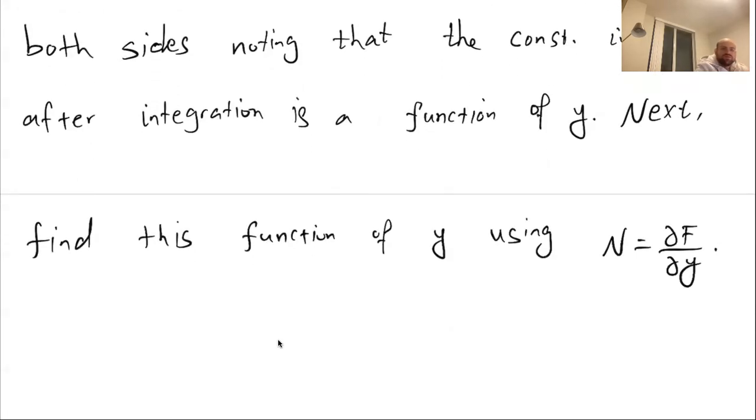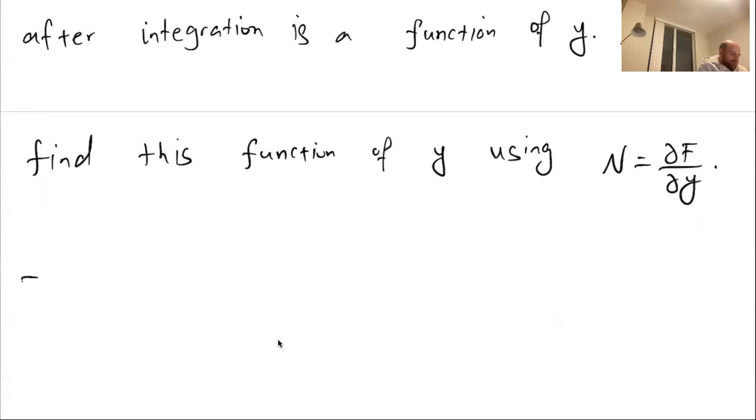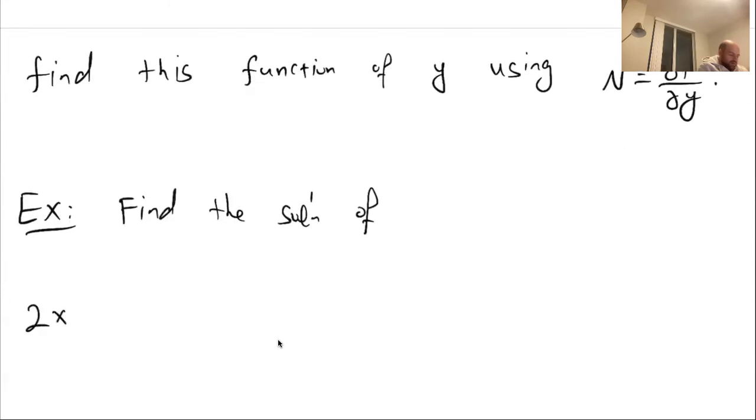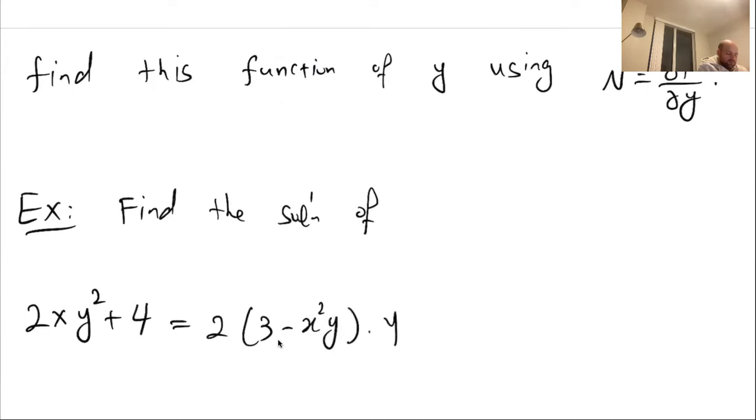Now let me show you in an example how we can do this. Example: find the solution of 2xy squared plus 4 equals 2 times (3 minus x squared y) times y prime, with y of minus 1 equals 8.